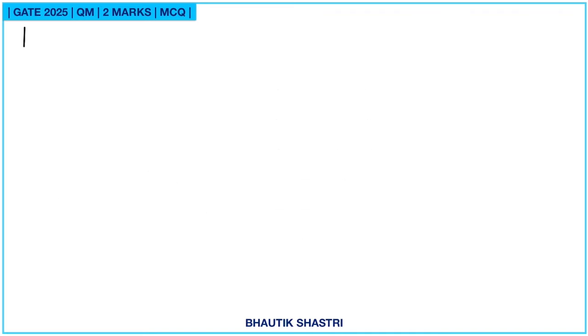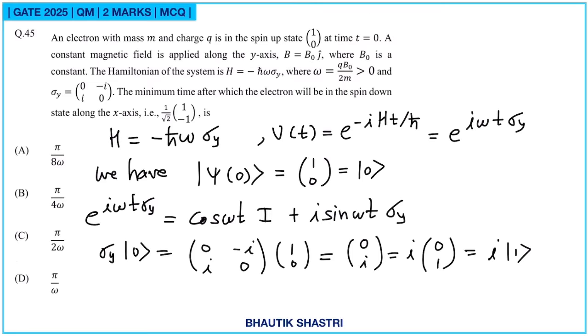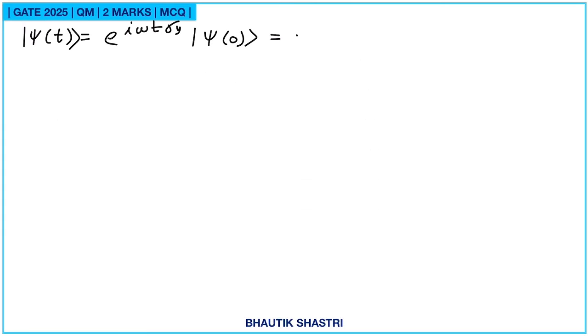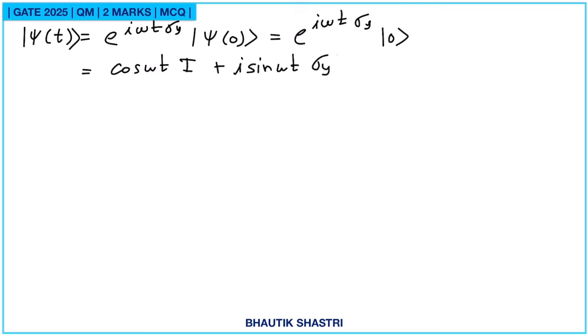So psi of t is unitary evolution, so e raised to I omega t sigma y operated on psi 0, but psi 0 is ket 0. So e raised to I omega t sigma y operated on ket 0. But this is equal to cos omega t I plus I sin omega t sigma y.